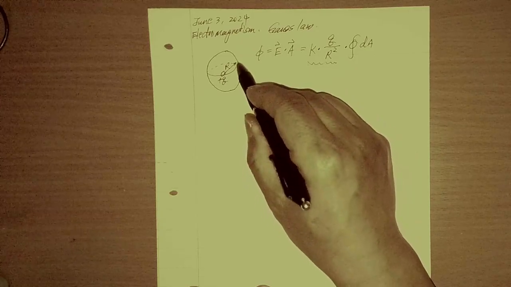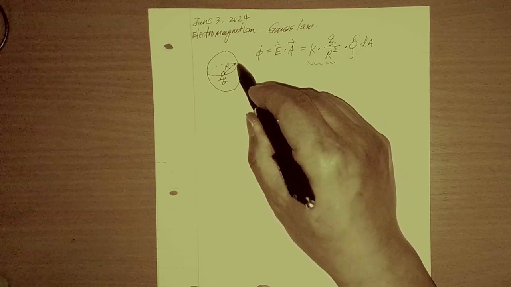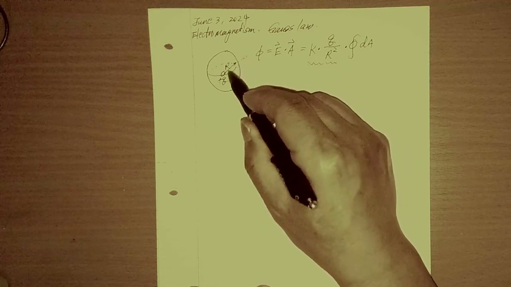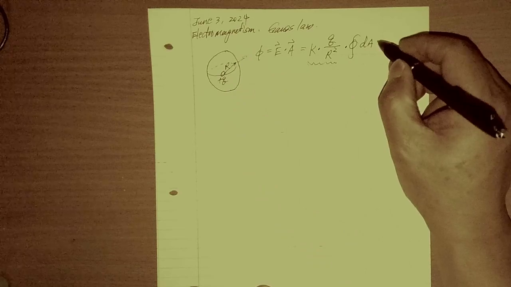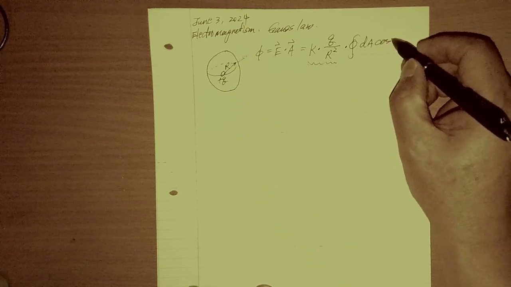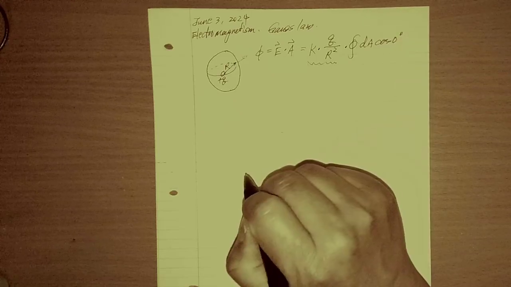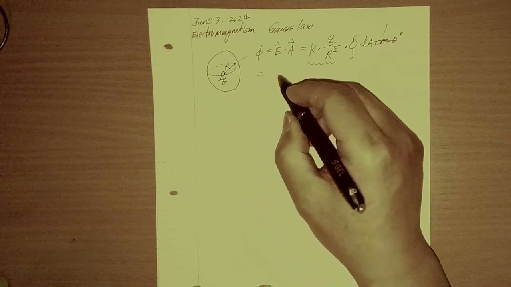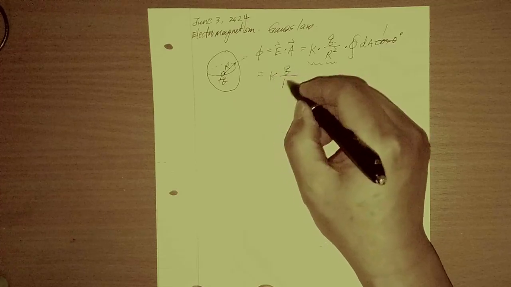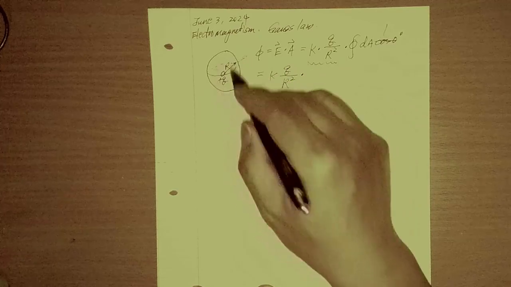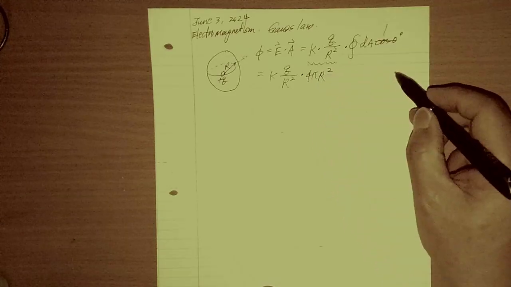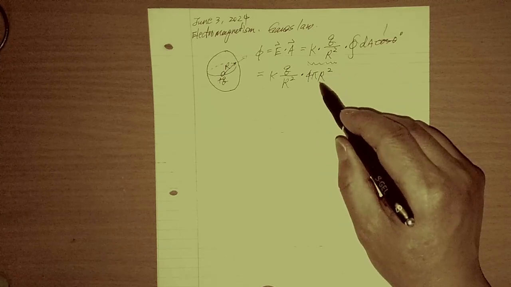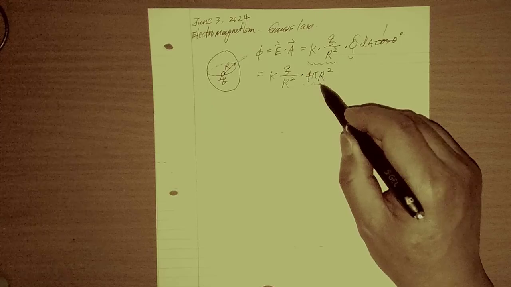Notice the angle between the surface and the angle of the electrical field are the same, so cosine theta is cosine 0 degrees, which turns out to be 1. So what we have is K Q over R squared times the surface area, which is 4 pi R squared. Again, if we have a sphere with radius R, the surface area is that.